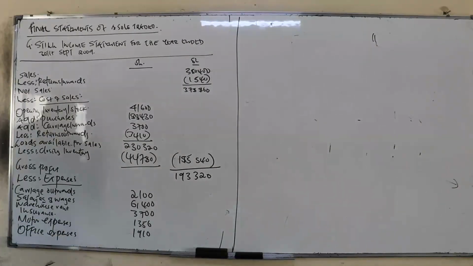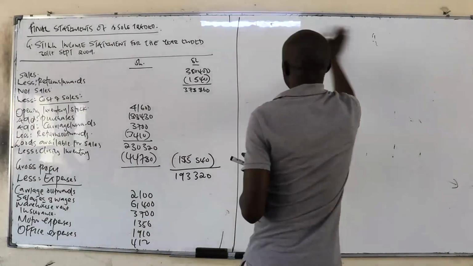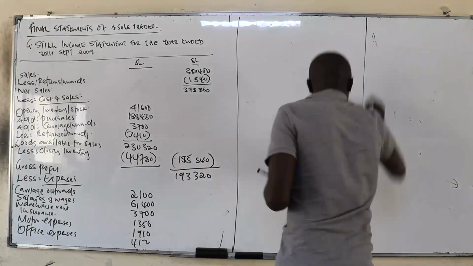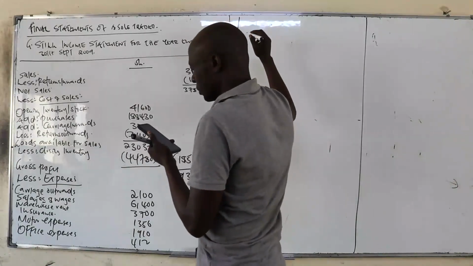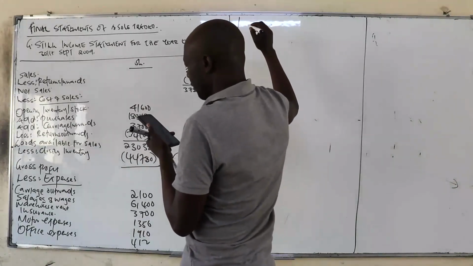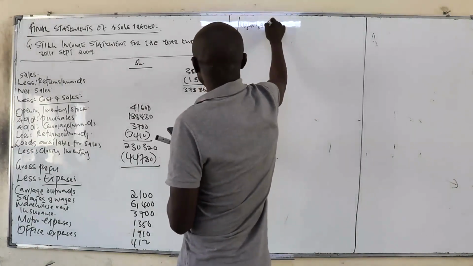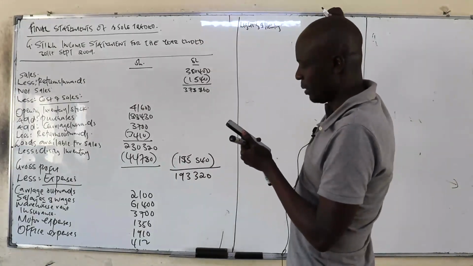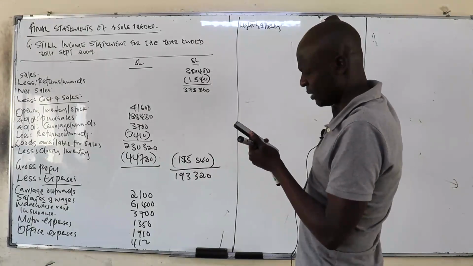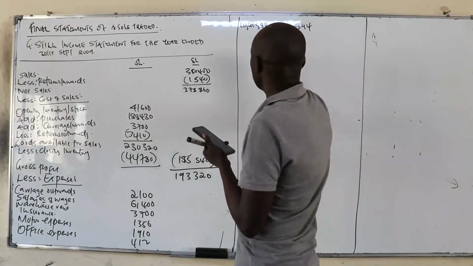How much is it? 412. Yes, we have also lighting and heating. How much is it? 800, 894. And then we have general expenses.